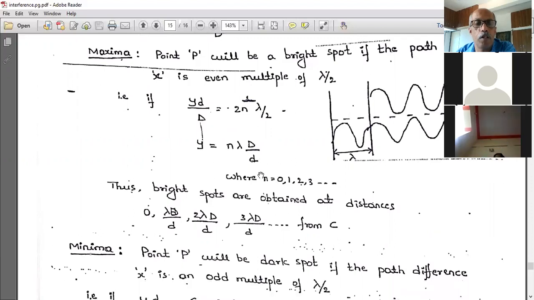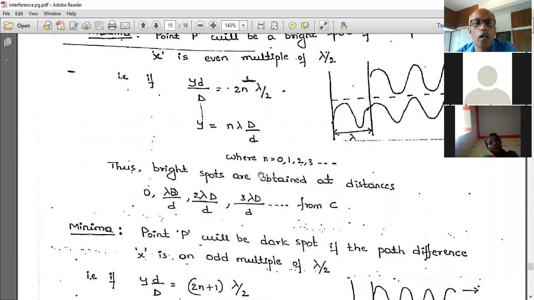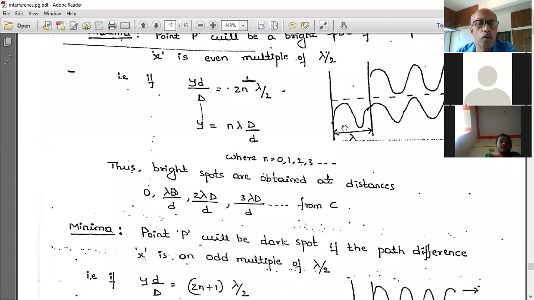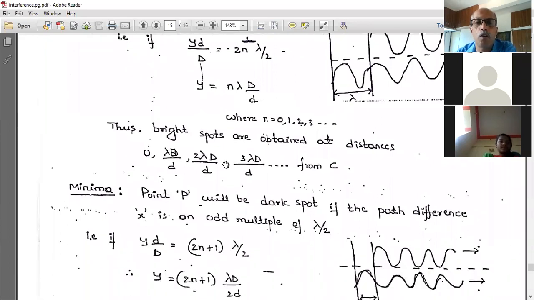This is the expression for the position of the bright fringe from point C, that is the center of the screen. N can take the value 0, 1, 2, 3, 4. Thus, bright spots are obtained at these distances. If n is equal to 0, y becomes equal to 0, in the sense at C itself, at the center of the screen, we get a bright spot.